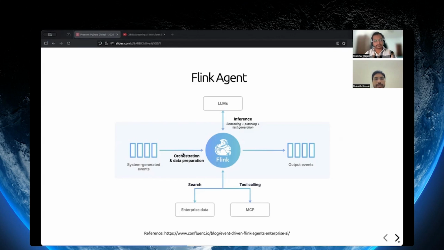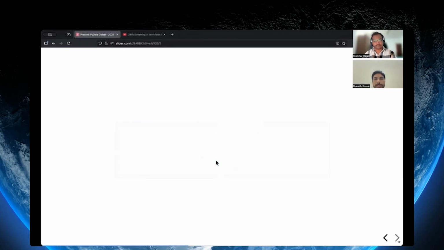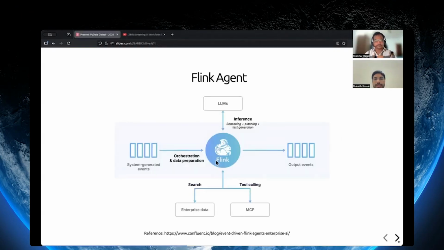So coming to the next slide. Yeah, so we have the previous slide, Shekhar. Yeah, so once we get the system-generated events, they go to Flink, which has the embedded LLMs. We also have tool calling with the latest MCP servers and other output events as well.